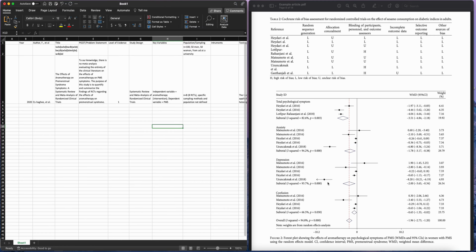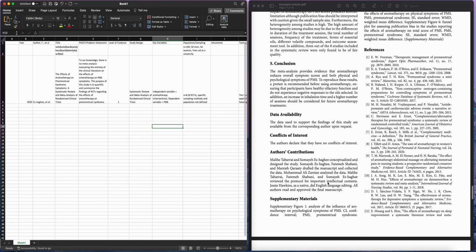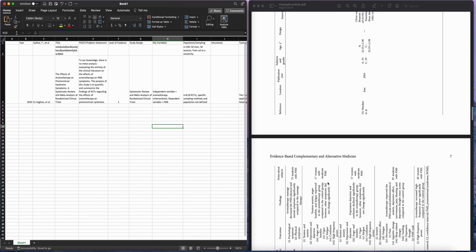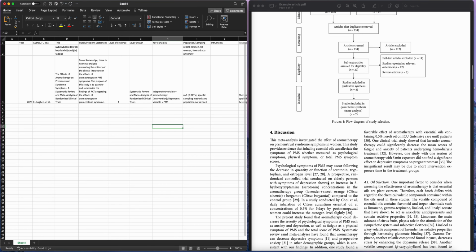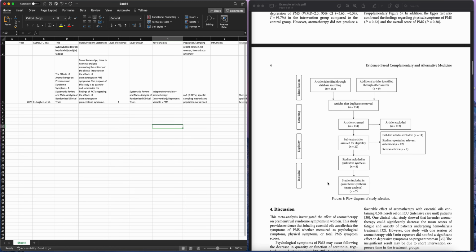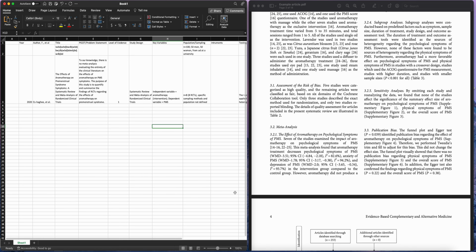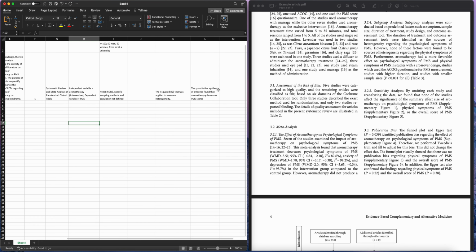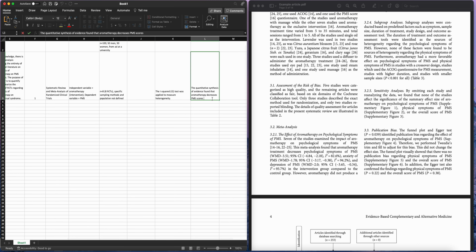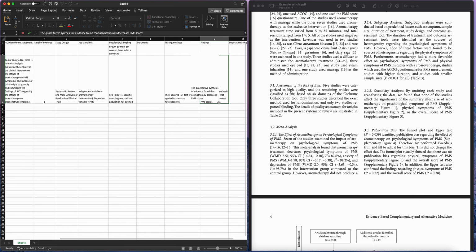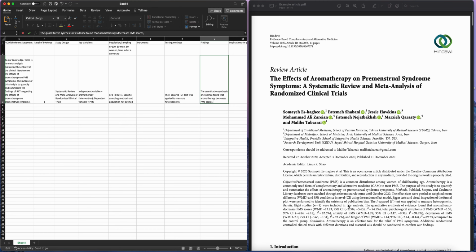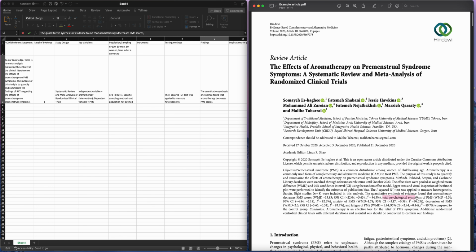Just more on the article, more on there. So I'm trying to figure out the PMS scale, what they've used for that, if they defined it at all. Well, let's just finish this part, I guess. So this is the findings, right? So they found a decrease in PMS scores. They also found a total psychological decreases total psychological symptoms of PMS.